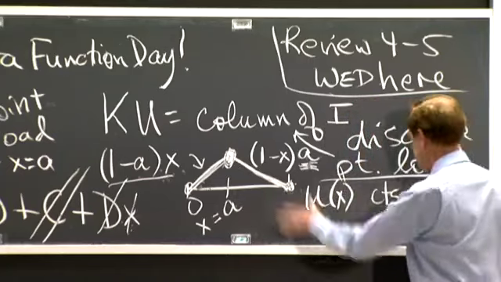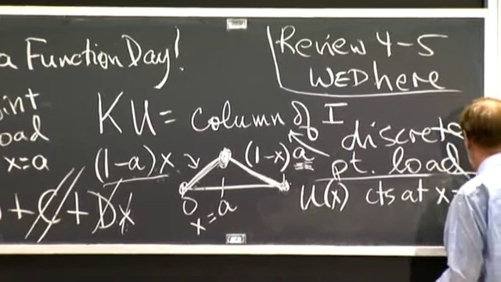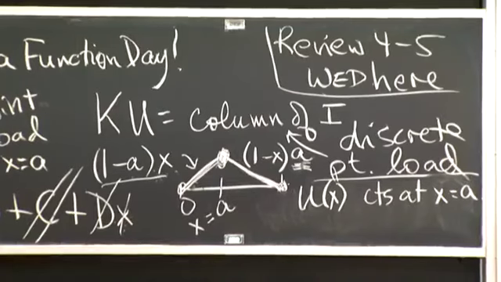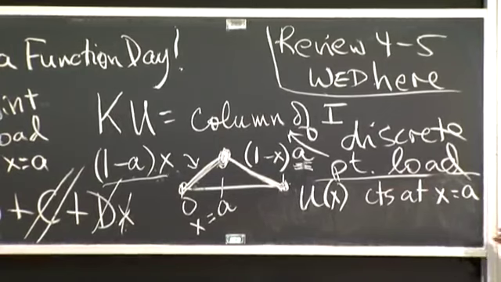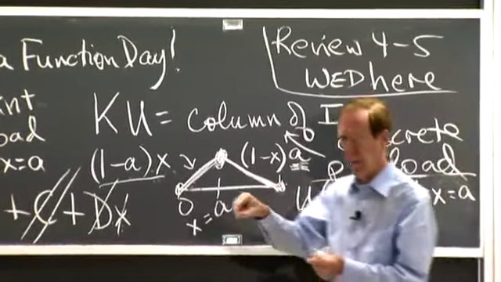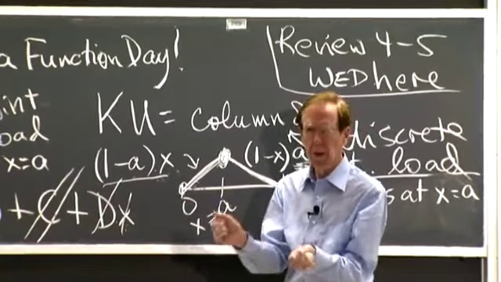That just means it doesn't jump at x equal a. So you could say that's a non-jump condition. The function itself doesn't jump. Why not? Because we're talking about some elastic bar on which we put a point load. The thing isn't going to break.